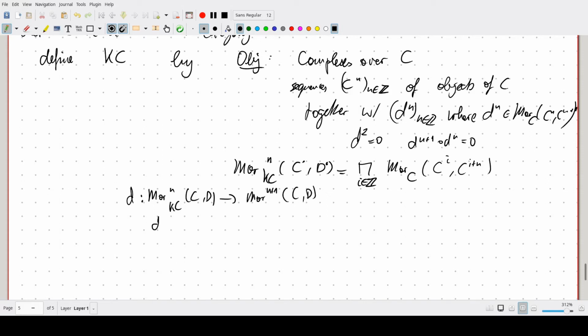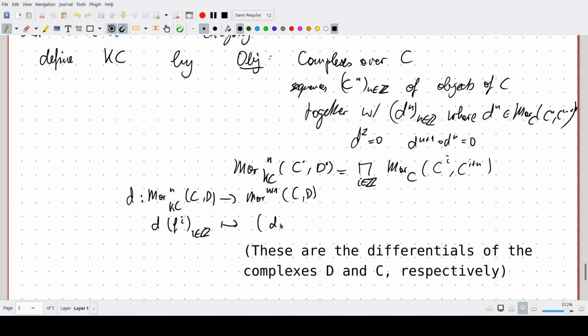defined by, well, the differential d now takes a tuple of functions indexed by i, which is an integer. And what is it? Well, it's again a tuple of functions, and that is now d composed with fi minus 1, to the power of n, and now we have fi plus 1 composed with d, because d increases the degree by 1, so you need to have fi plus 1 there.